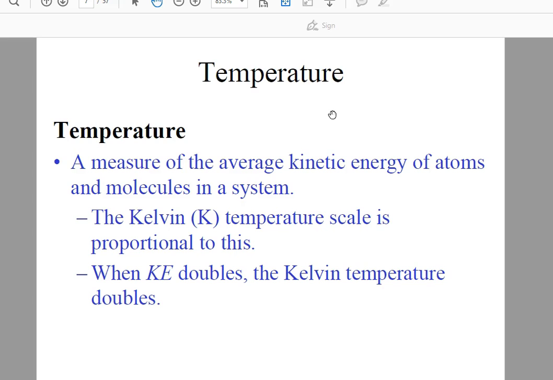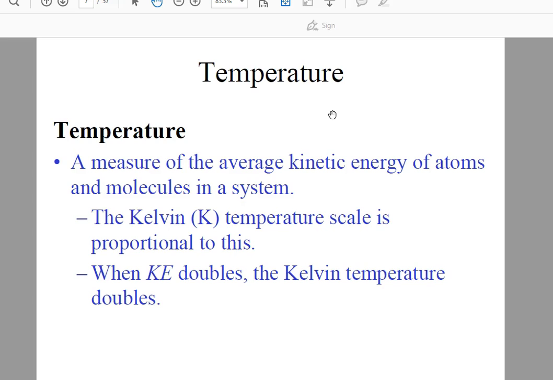And the reason we use the Kelvin temperature scale, which hopefully you saw yesterday, that capital K, is because when the kinetic energy changes, the Kelvin temperature changes by exactly the same factor. So if the kinetic energy doubles, then the Kelvin temperature also doubles. But that's not true for Celsius and not true for Fahrenheit.